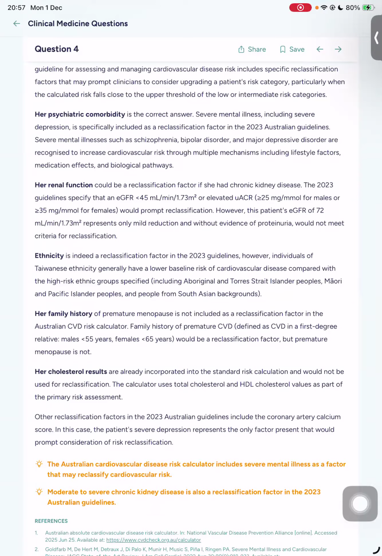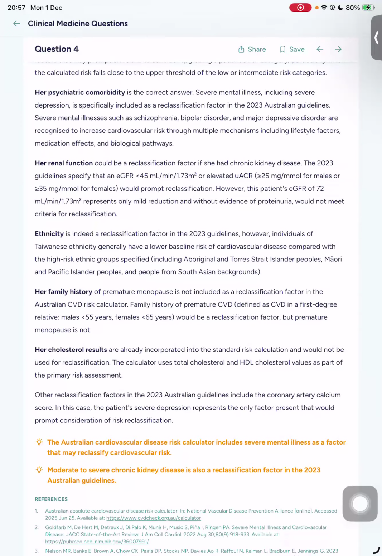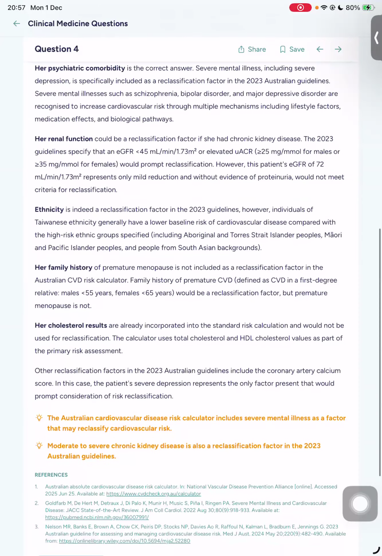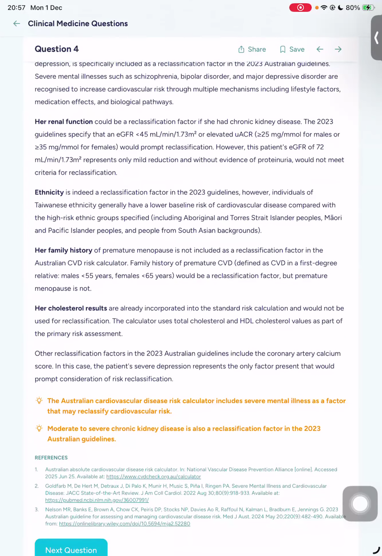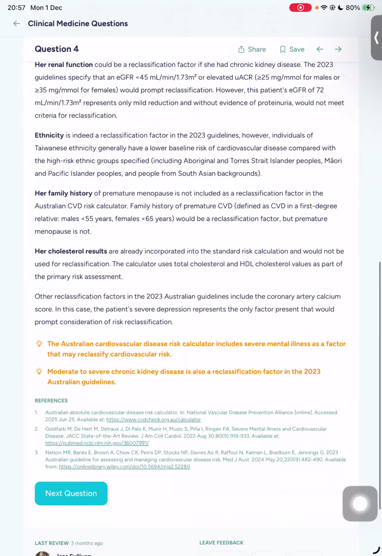Remember these two factors: eGFR less than 45 and ACR criteria, more than 25 in males, more than 35 in females. Just give it a read. However, this patient's eGFR of 72 represents only a mild reduction without evidence of proteinuria, so she would not meet the criteria for reclassification. Ethnicity, we know.